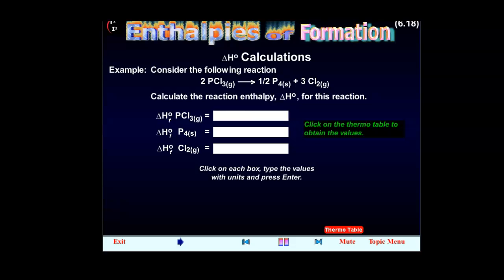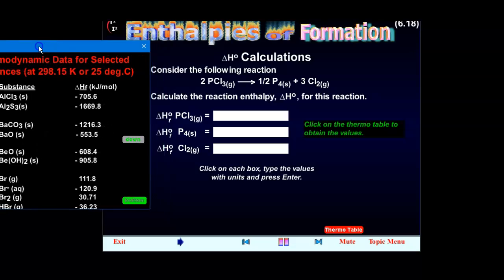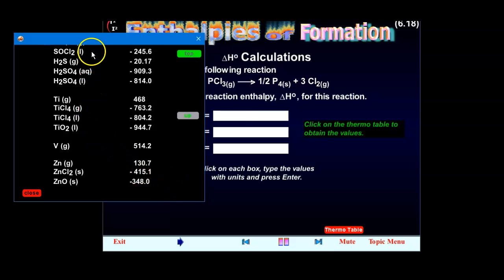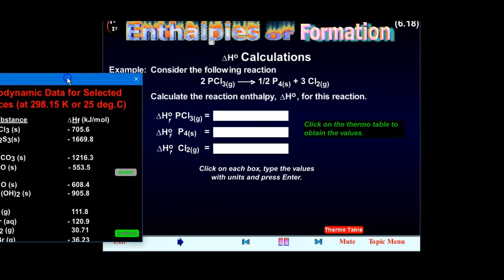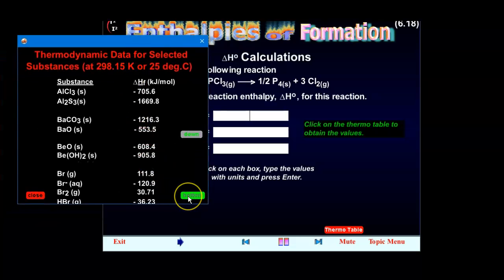Example, consider the following reaction. Calculate the reaction enthalpy, delta H superscript 0, for this reaction. Right, this is your thermo table. Look for PCl3 on this table.